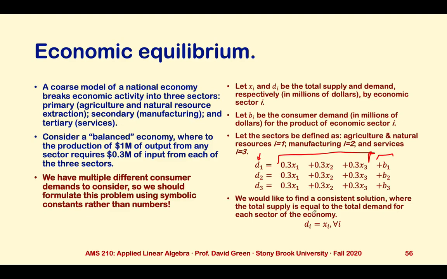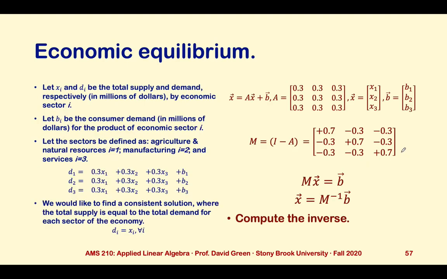As we've discussed before, the question of economic equilibrium or a balanced supply-demand is found by asking what values of xi will produce total demands perfectly equal to xi. So the target is, can we replace this with x1, x2, x3 equals this expression? And we've seen how we can formulate this as a matrix problem.